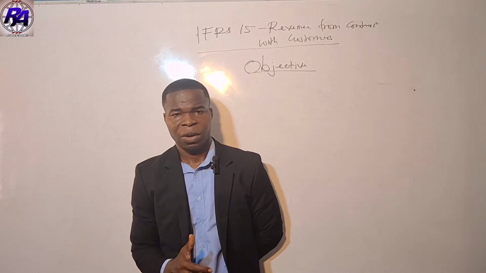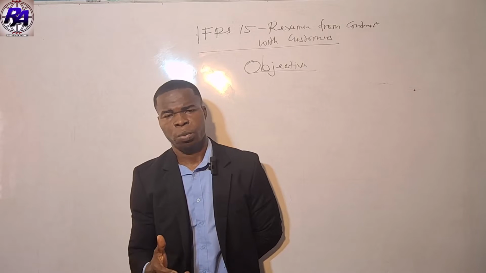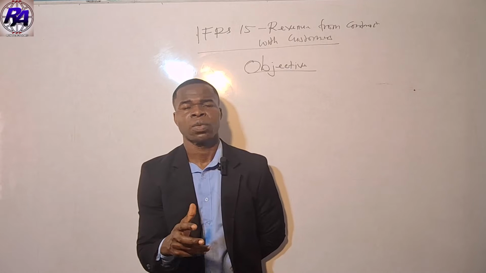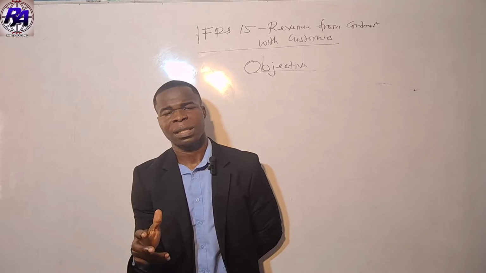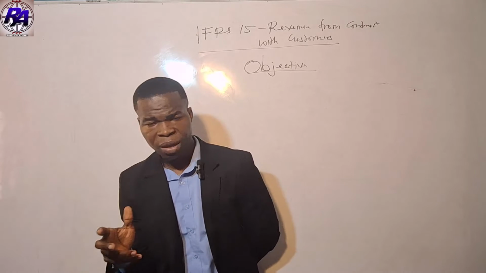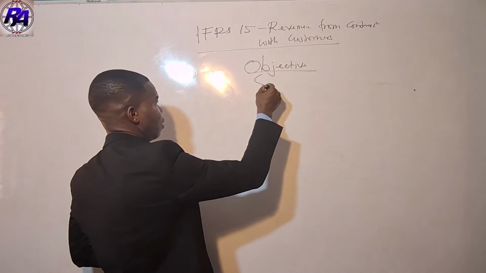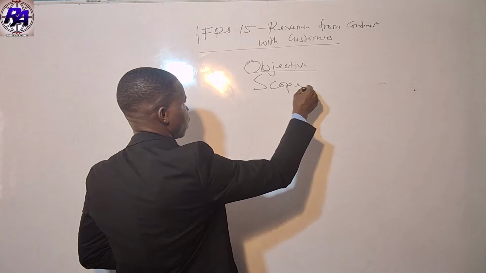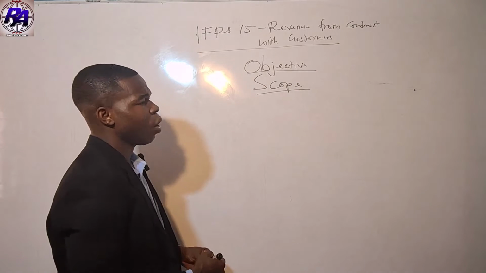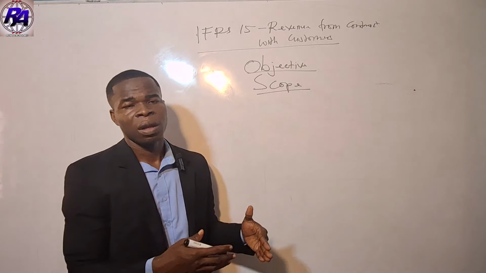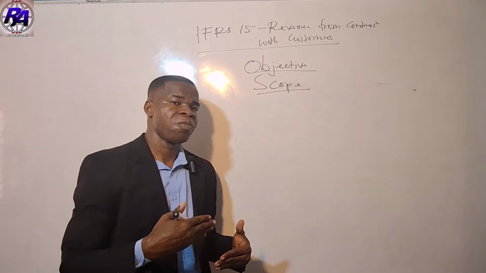Having understood the objective, what is then the scope? What does the standard cover, and what does the standard not cover? The standard covers all contracts that are going to bring revenue.